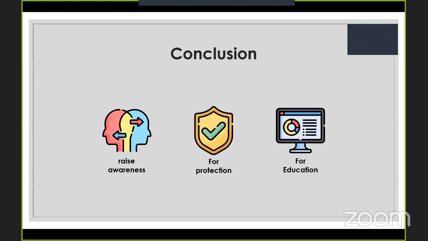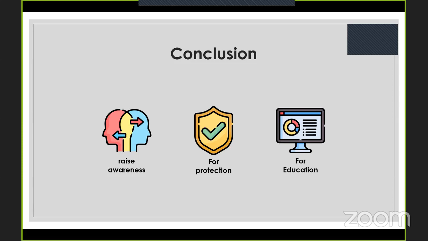I mean, there's not much time, and the protection is for your web application, for your client, and for yourself also, and it's also for education. So you can learn this vulnerability everywhere on the internet. You can follow the tutorial, or you can try the CTF, there are a lot of CTFs out there, and yeah, you can try.